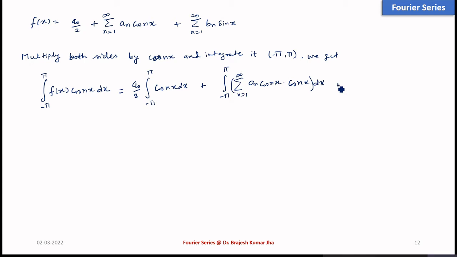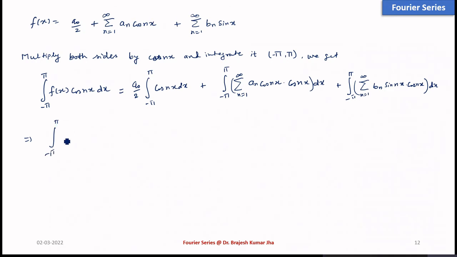dx, summation n equals 1 to infinity, and this one is the integration from minus pi to plus pi of summation n equals 1 to infinity bn sin nx into cos nx dx. So what we get, this is going to be 0, no issue.